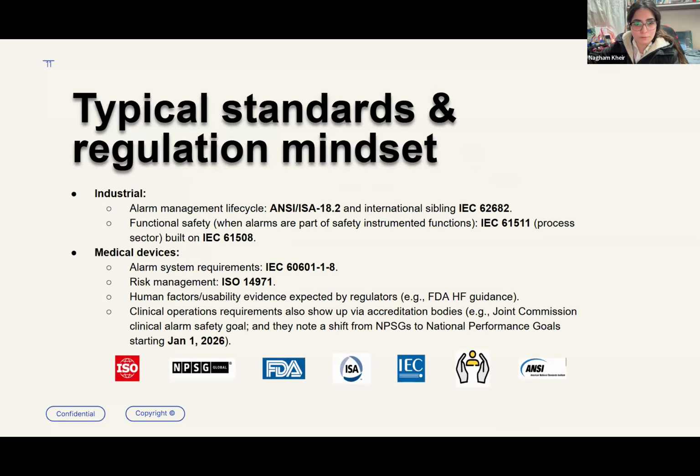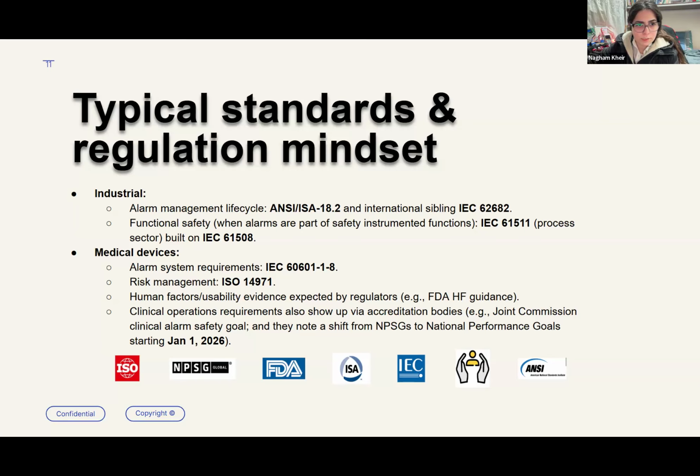I'll start by briefly framing the standards landscape, and then I'll narrow us into the medical use case. ISA 18.2 is the process industry standard for alarm management. We'll discuss the alarm management lifecycle defined by ISA 18.2 next, but for now, we're gonna mention other standards.